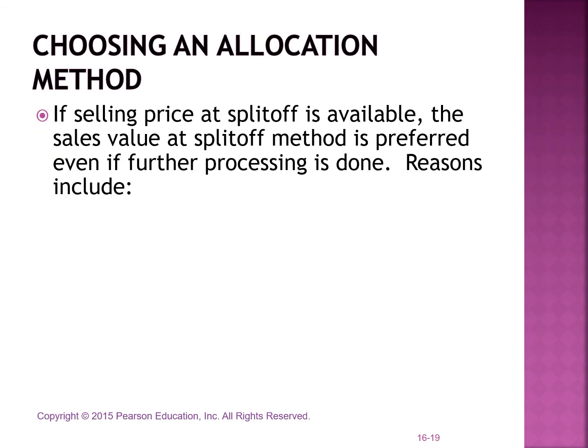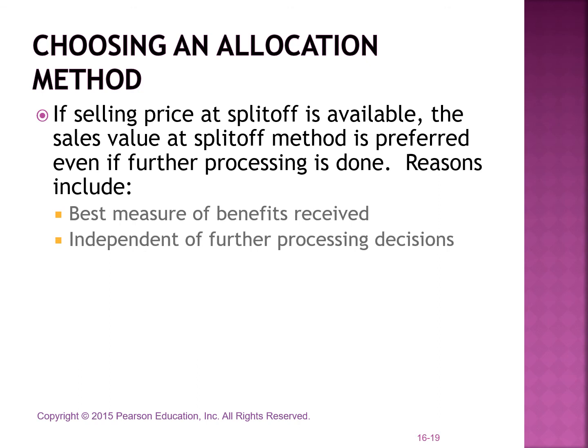Which method should be used for allocation? Actually, if the selling price at the split-off point is available, the sales value at split-off method is preferred, even if further processing is done, because it is the best measure of the benefit received, and it is independent of the further processing decision.